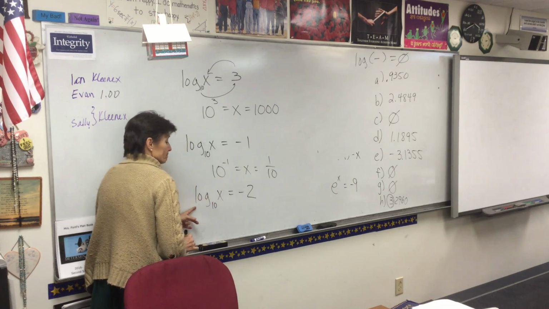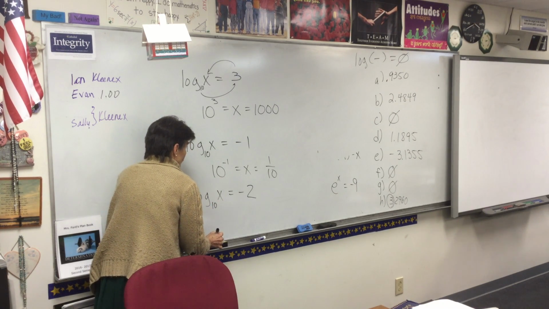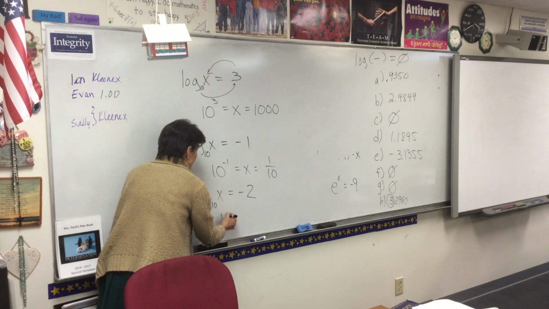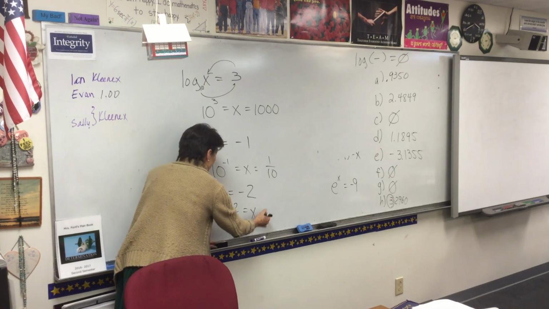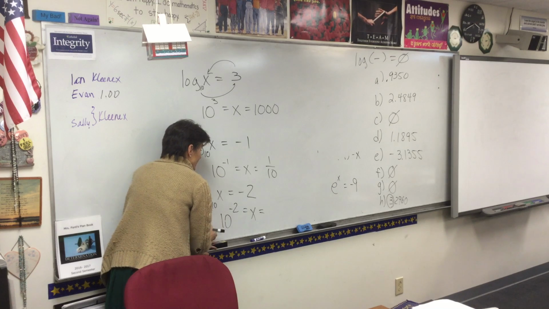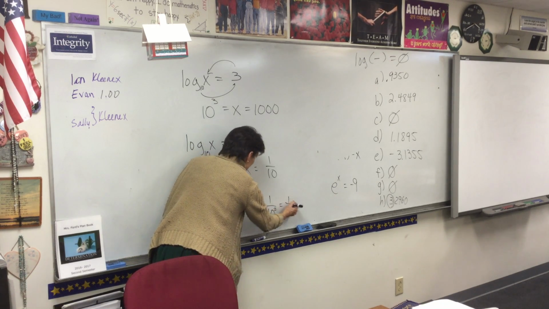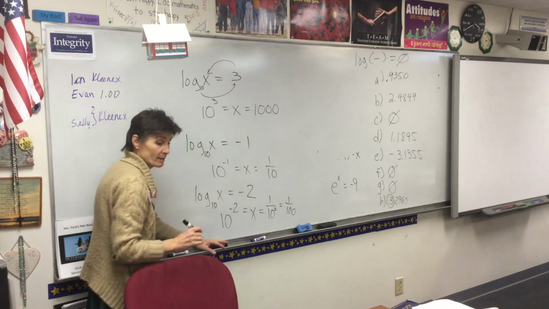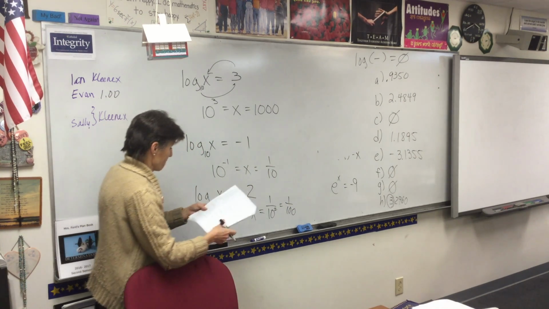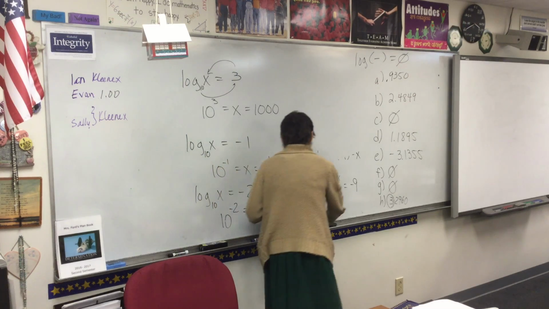What's this one say? 10 to the negative second equals x. What's 10 to the negative second? 1 over 100. 1 over 10 squared, which is 1 over 100. Yep, you're exactly right. Perfect. Beautiful. Nicely done, guys.